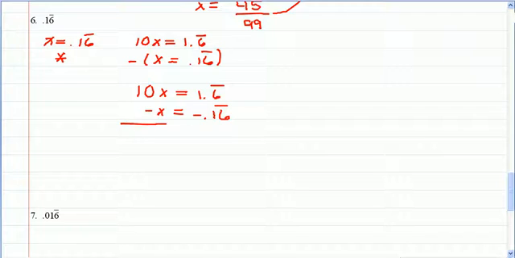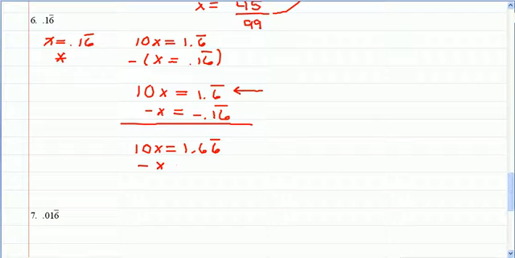Now before I subtract these, I'm going to expand this one out one more decimal point. And what I mean by that is I'm going to write this as 10x equals 1.6 and then 6 repeating, so that when I subtract the second line, my repeating parts are lined up and they cancel.